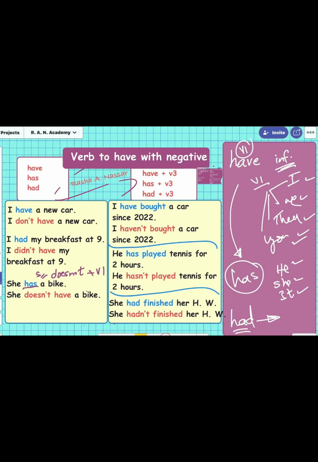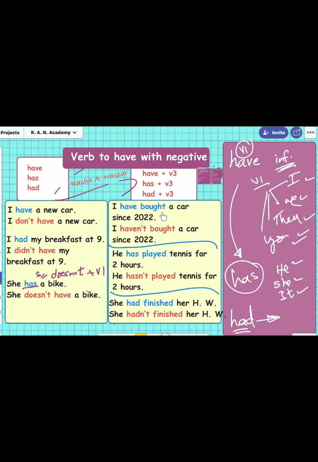Now I have the verb to have as an auxiliary verb. What do we mean by auxiliary verb? It means that it is a helping verb, a verb that helps the main verb. So when I have two verbs here in the sentence, have plus V3, it means I have two verbs.